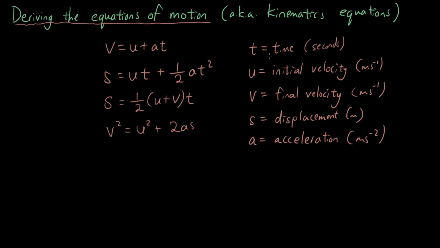These are the equations, and these are the meanings of each symbol with their units in brackets. t is equal to time. u is equal to the initial velocity, which means what the velocity is when time is equal to 0. v is equal to the final velocity, which just means what the velocity is at time equal to whatever seconds. s is displacement, and a equals acceleration, with units of meters per second squared.